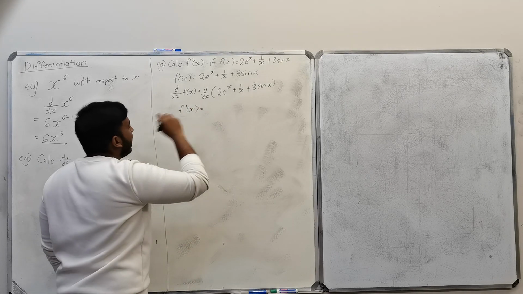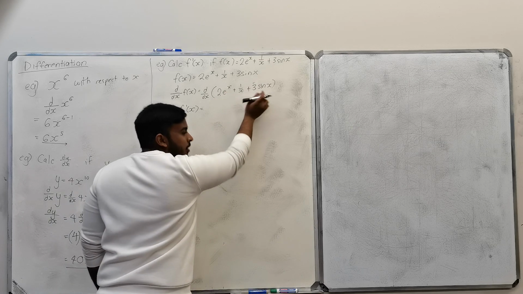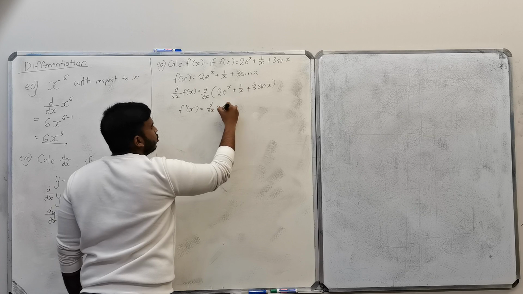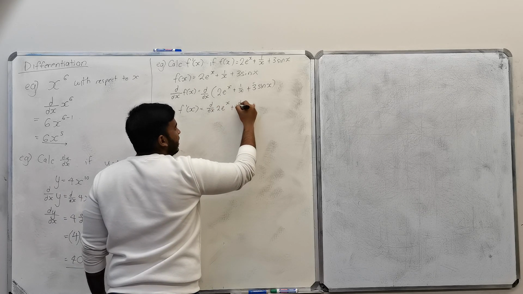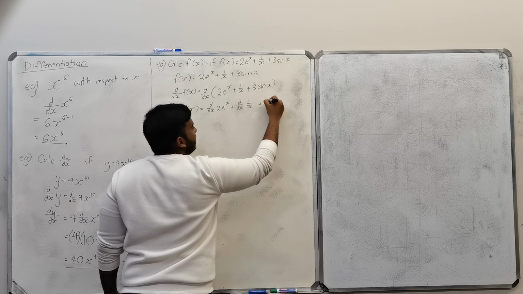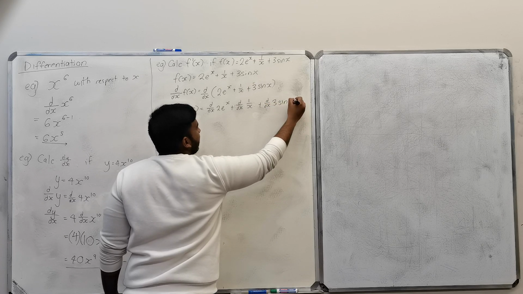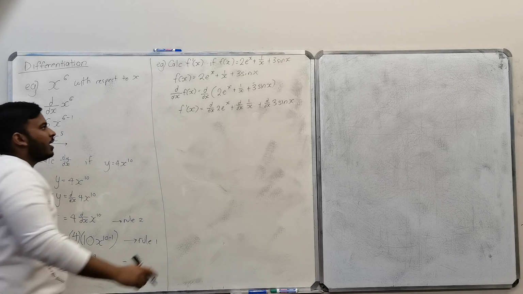Equal to, now you take the derivative of each term. So you take d over dx of 2e^x plus d over dx of 1 over x plus d over dx of 3 sine x. All with me, right?